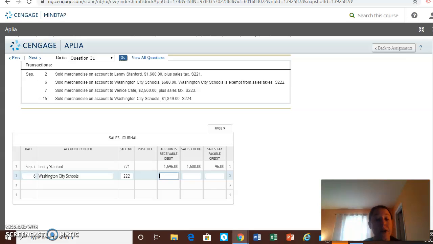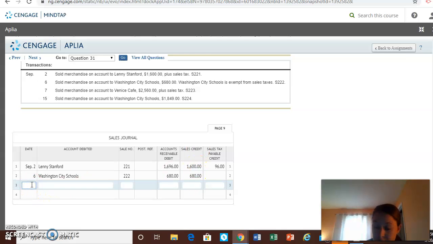Next here, it says that they're exempt from sales tax, and most public institutions are going to be exempt from sales tax. So all we're going to do is plug in the 680 and 680 because there's no sales tax. So we can leave sales tax payable blank. Accounts receivable is 680. Sales credit is 680.